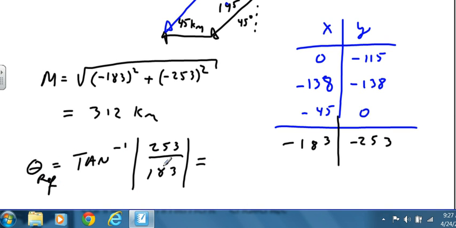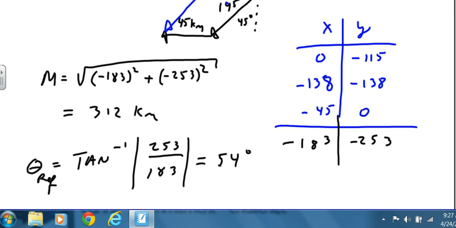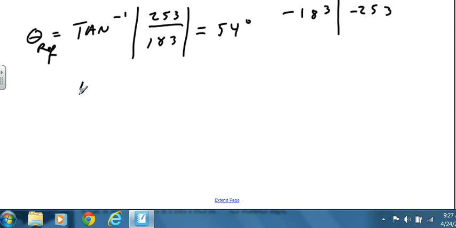I know my angle has to be in the third quadrant, so I'm going to worry about that later. Tangent of 253 divided by 138, and I've got 54 degrees. And then I say, well, in the third quadrant, my answer is going to be 180 plus the reference angle.